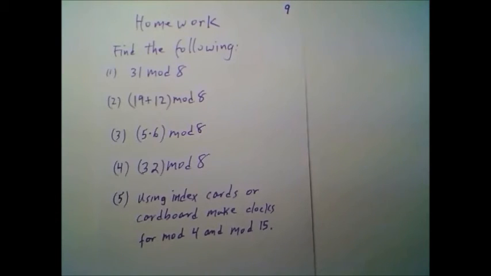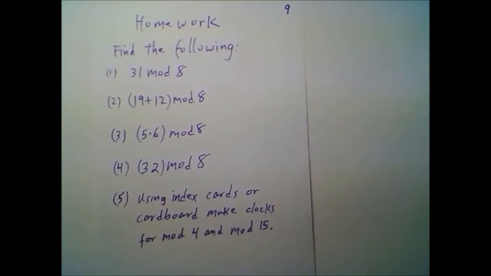Now you can't use the clock for mod 7 to do mod 8. You have to make a clock yourself for mod 8, and then you have to perform the steps that we mentioned and figure out what 31 would be in mod 8.